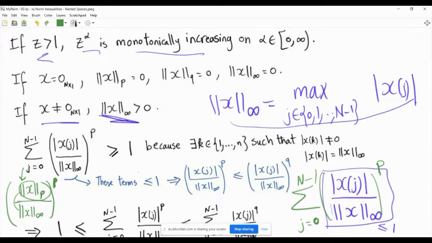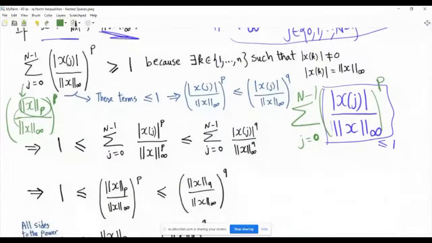Here they are written in inequality form. Each term in the summation is less than or equal to 1, but the summation is greater than or equal to 1 because we have 1 plus non-negative stuff.